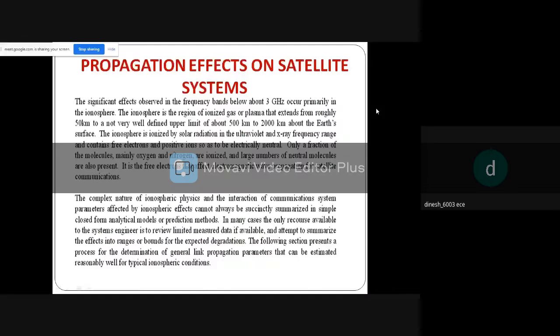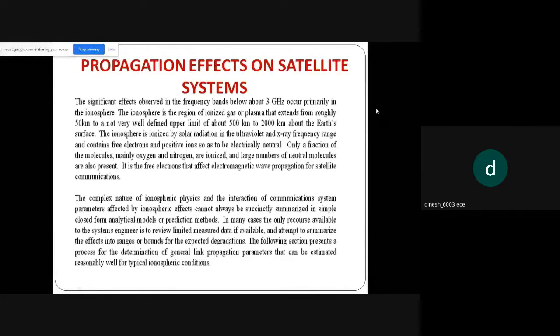So from approximately 500 kilometers to 2000 kilometers from the Earth surface, all the space has so much ionized gases or plasma materials.